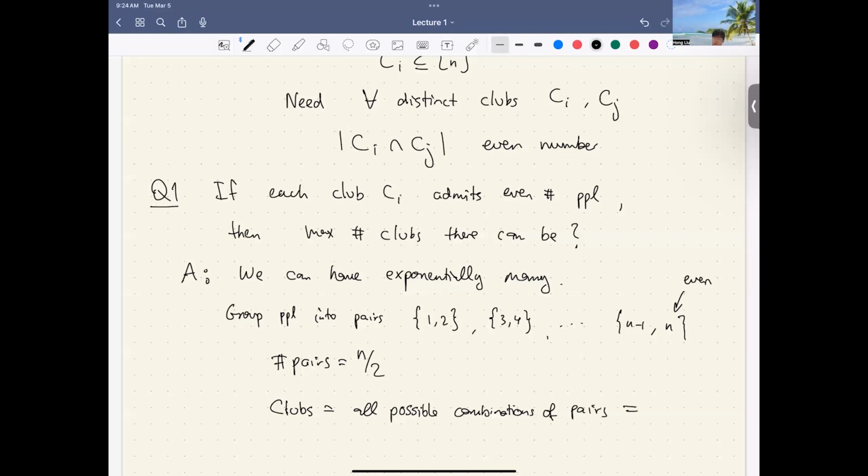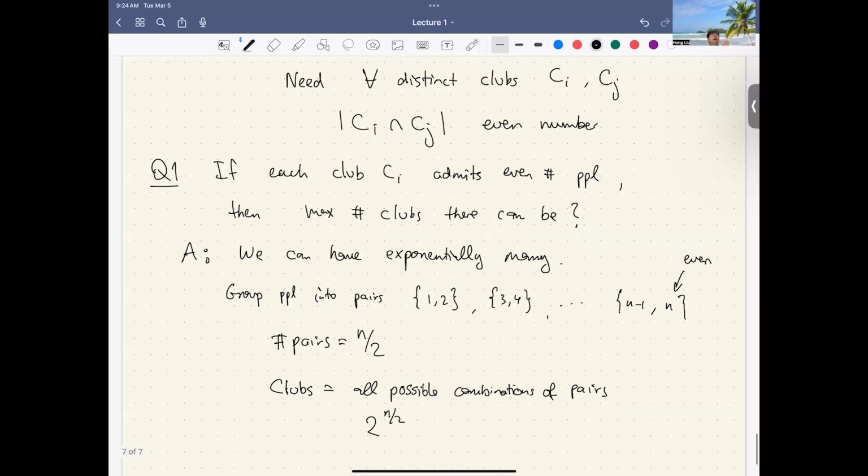How many such ways? You have 2 to the n over 2 ways, right? You could have an empty club with no pair in it, or a club with 1 pair, a club with 2 pairs, a club with 3 pairs, and so on and so forth. You have 2 to the n over 2 choices.